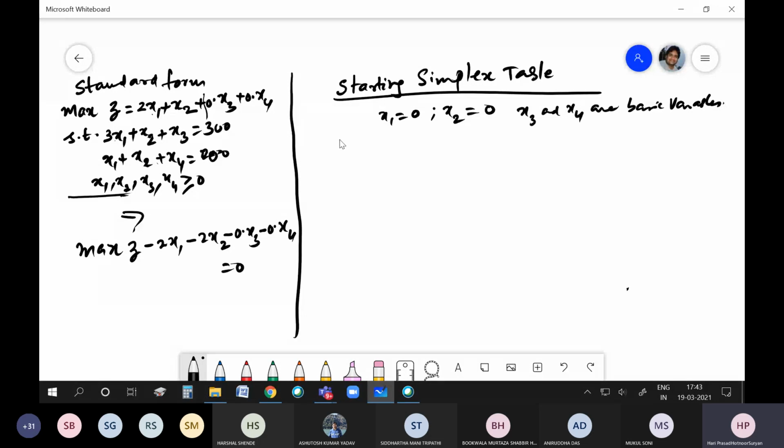The first step is to make slack variables the basic variables. What are the slack variables here? x3 and x4 are the slack variables. So first make the slack variables basic variables.